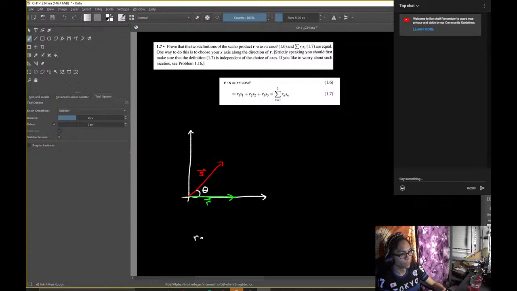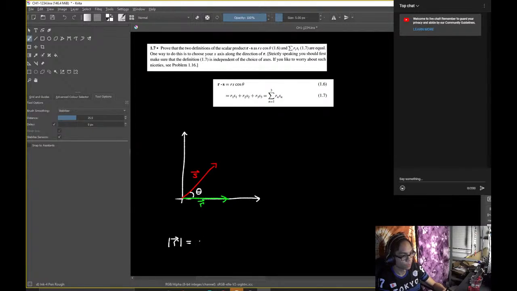So r magnitude is equal to the square root of x squared plus 0 squared.